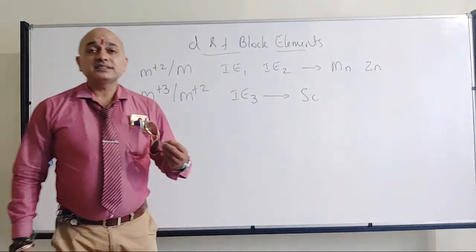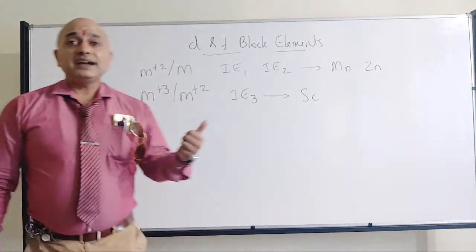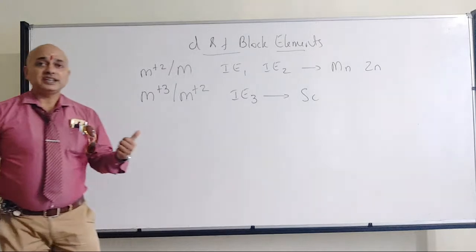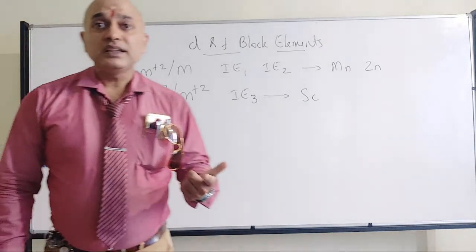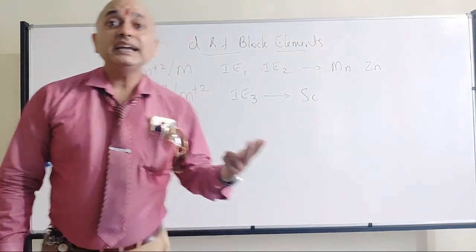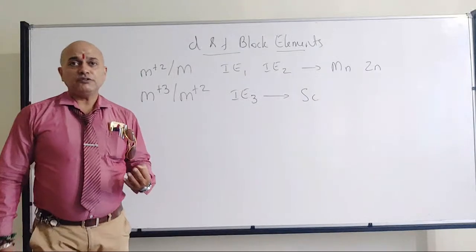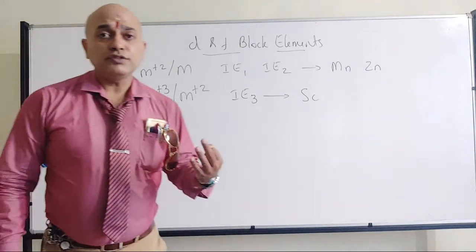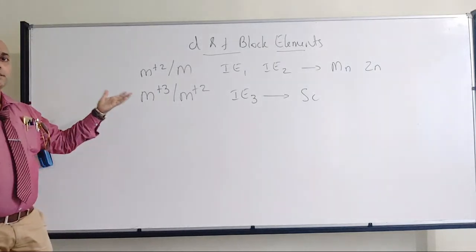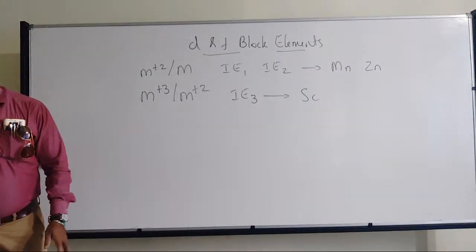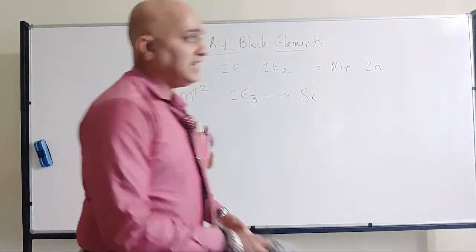But in some cases other factors count, like atomization enthalpy or sublimation enthalpy, then ionization enthalpy, and finally hydration enthalpy. These are the 3 factors which decide SRP, that is standard redox potential, for a particular element. All of you have understood? That's what we discussed in the last class.